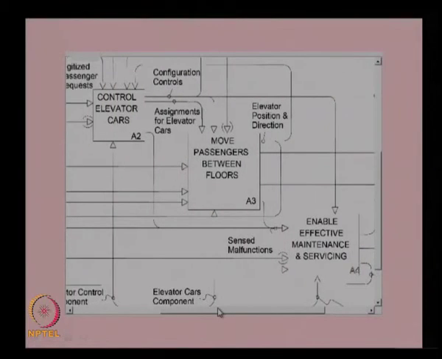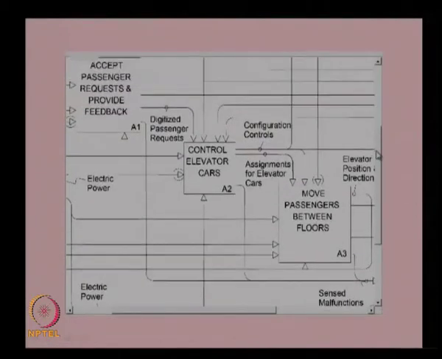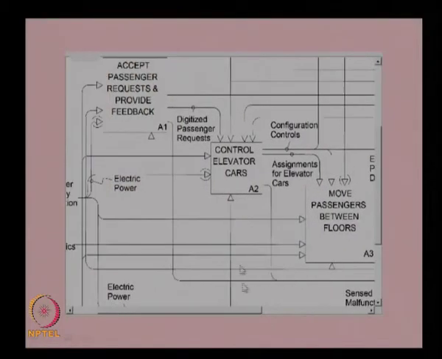So you can see the main function A0 is divided into the A1, A2, A3 and A4 functions, four sub functions, and the inputs and controls to these functions are shown clearly in the A0 diagram, or the level 1 diagram.